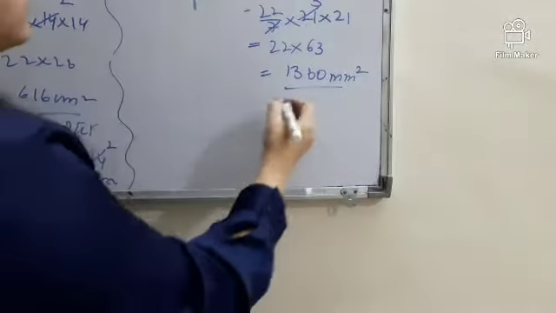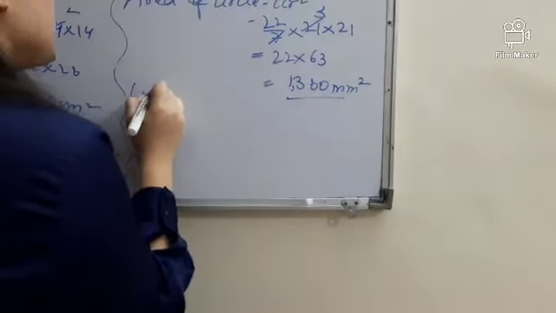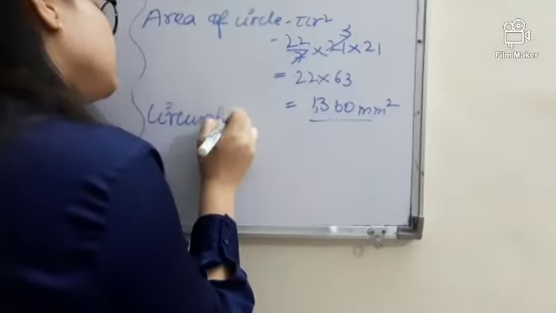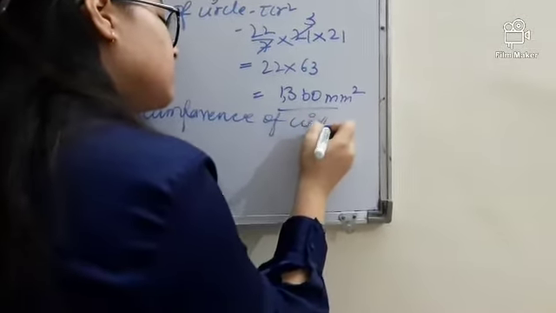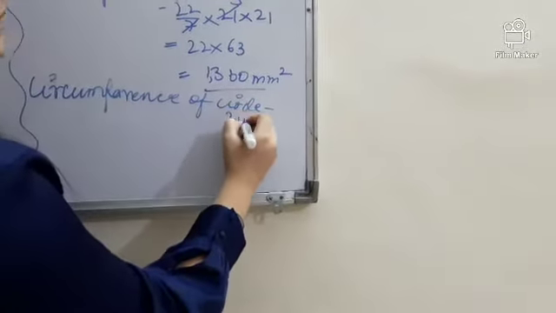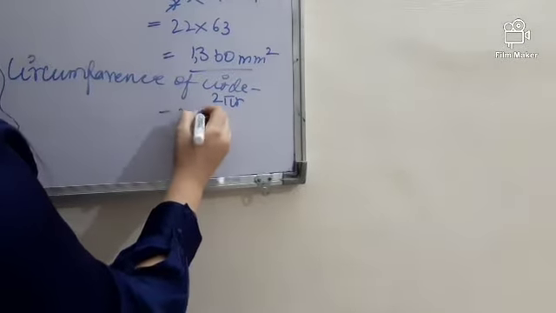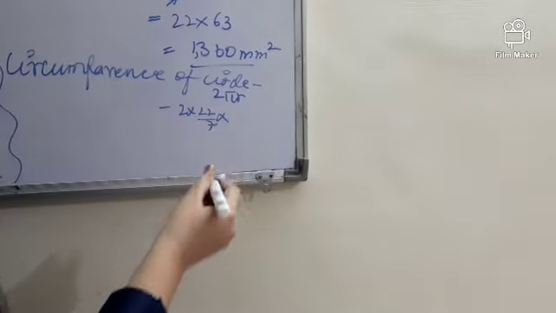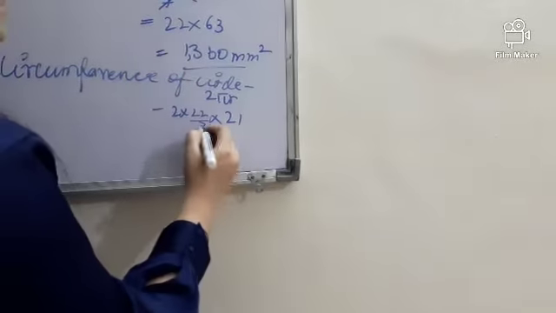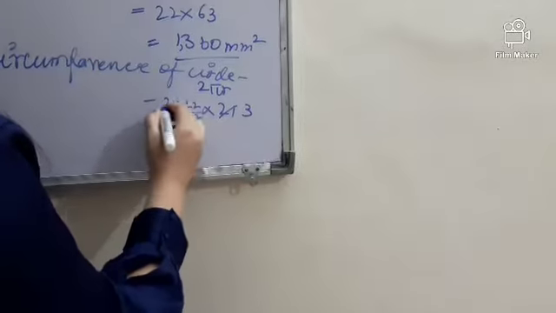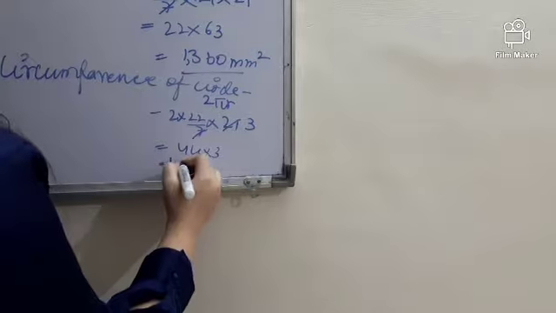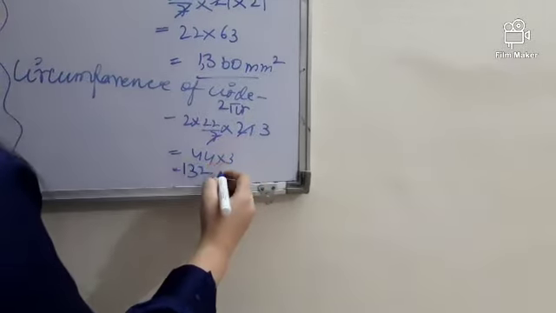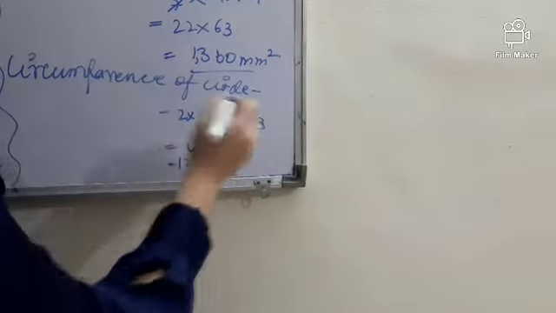Now, what is the circumference of the circle? Circumference of circle is 2 pi r. Pi is 22/7. These are very easy questions. Radius is 21. So 132 mm is the circumference of the circle. Now let's proceed to the next.